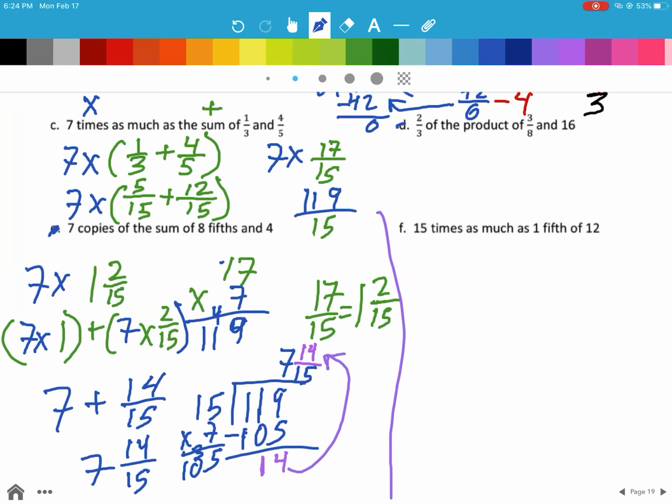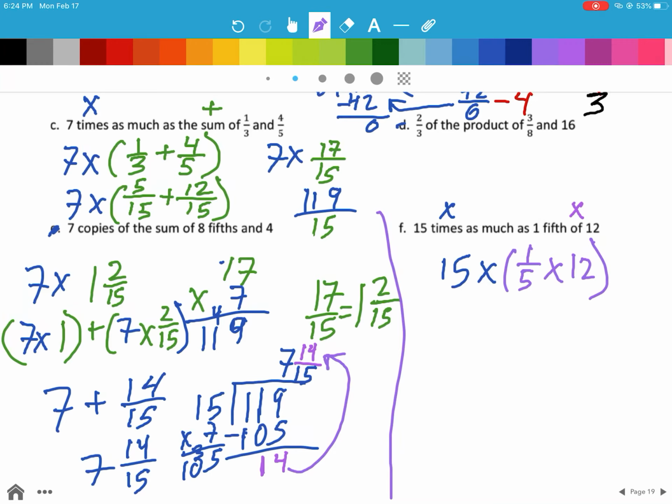Now we have 15 times as much as 1/5 of 12. Okay, because this is another multiplication, I'm going to go ahead and put it in a different color though. So I can put my 15 first times my 1/5 of 12.